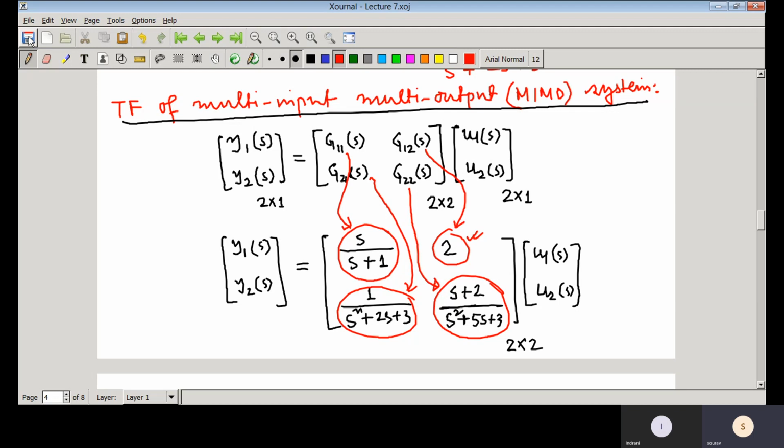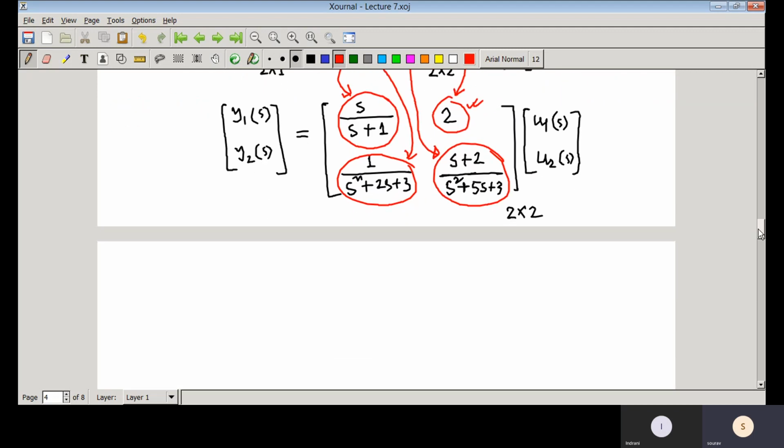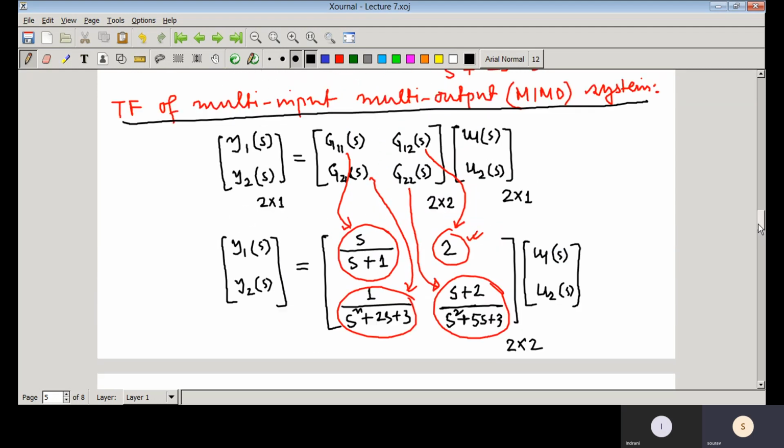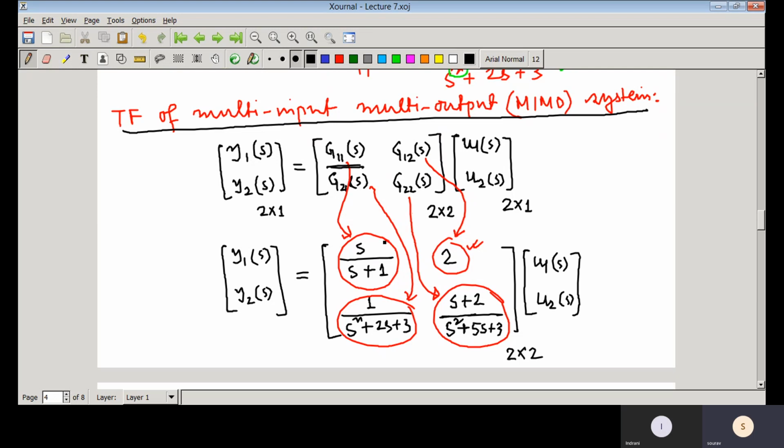So now you just apply that matrix algebra, and you can write it because all of them are in algebraic form. So you can write that Y1(s) equal to G11(s). So G11 is this one. This is actually one example.